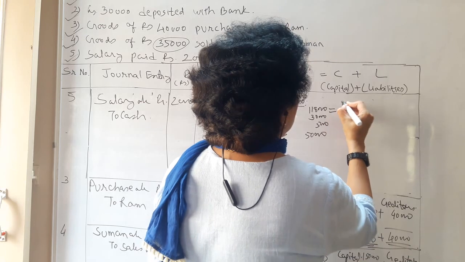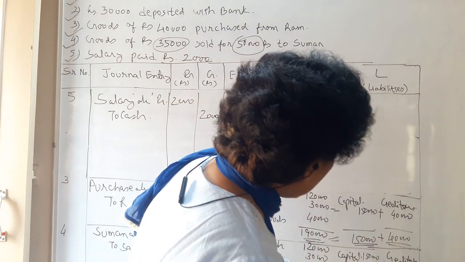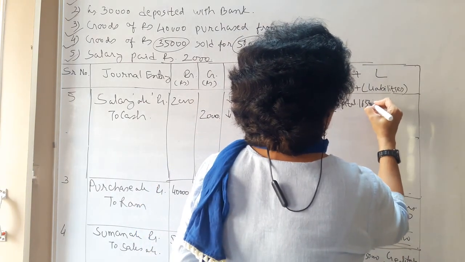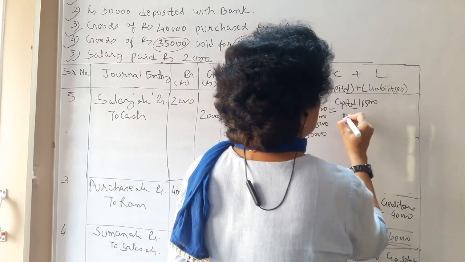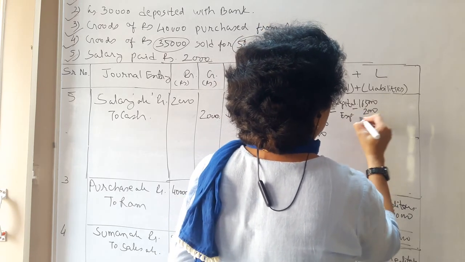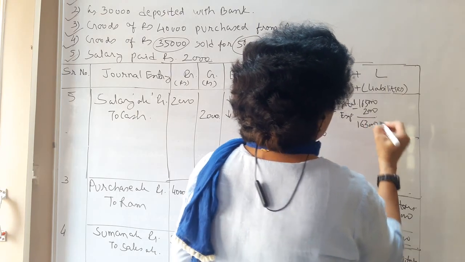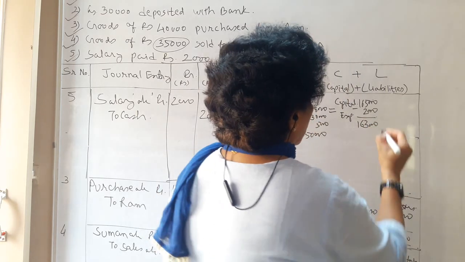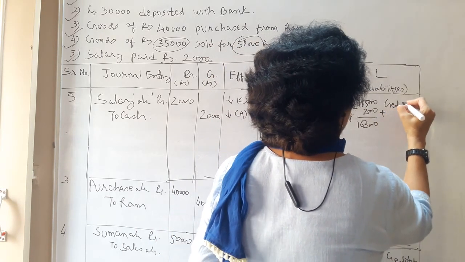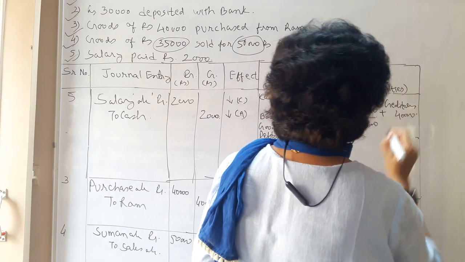This is equal to your capital. Earlier capital balance was 1,65,000, minus there is an expense. So due to the expense the capital decreased by 2,000. So now it becomes 1,63,000 and the creditors remain the same, 40,000.